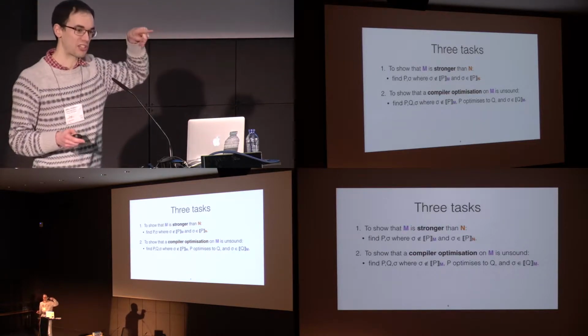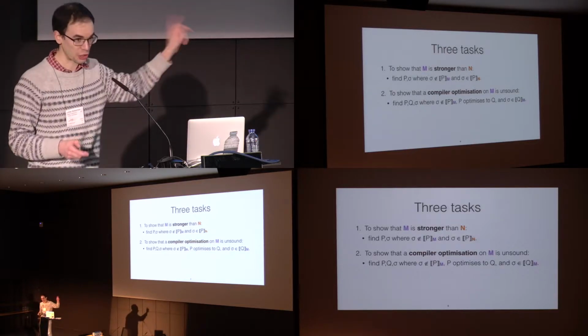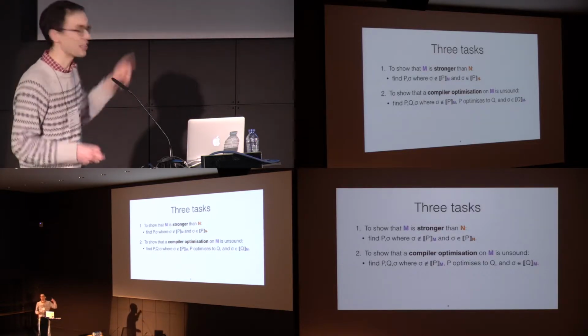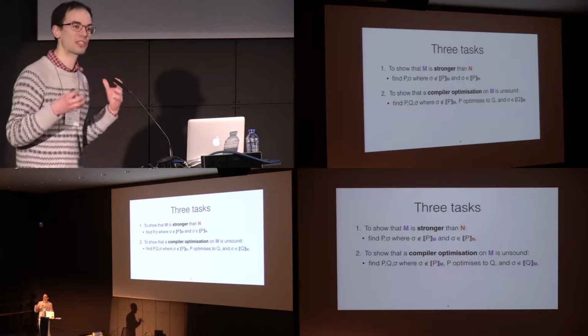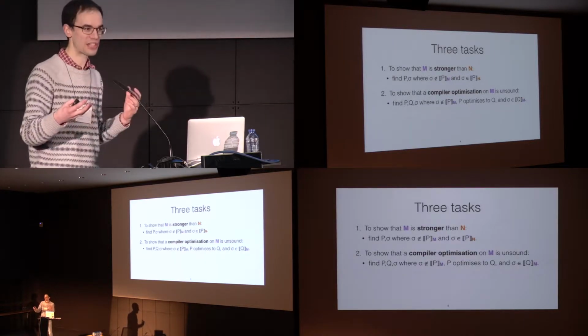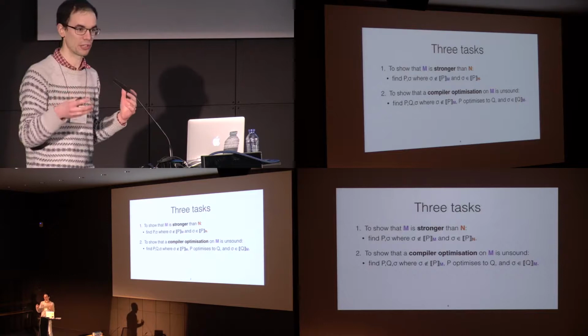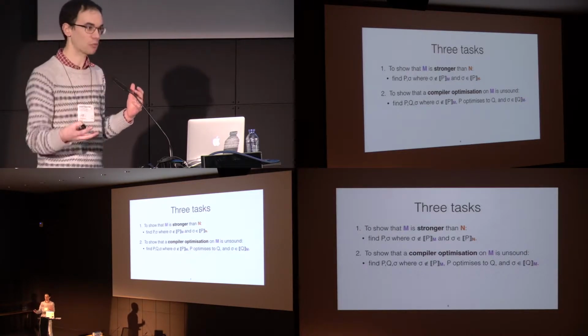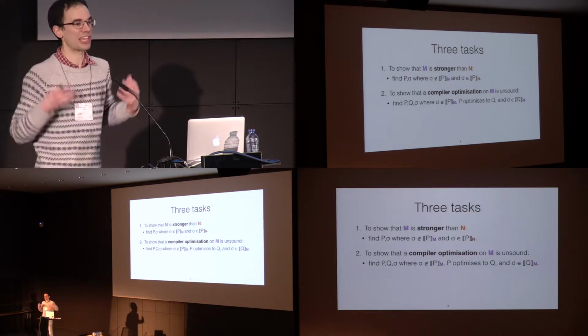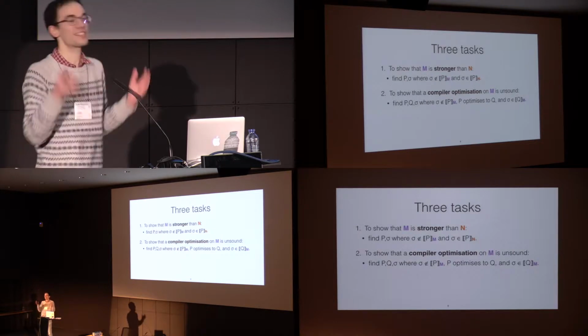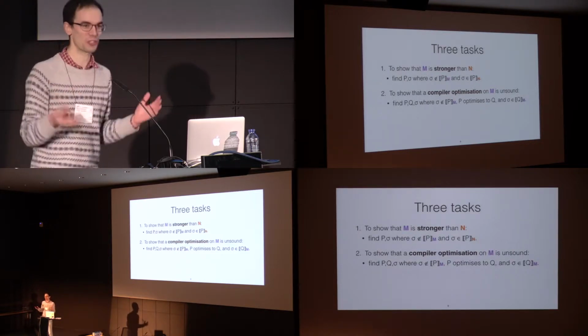But P optimizes to Q, and if you run Q under that same memory model, then you can reach the final state. So what's happened here is the process of doing this optimization has allowed the program for the first time to reach the outcome sigma. The optimization has introduced a new behavior. And this is exactly what compiler optimizations are not supposed to do.